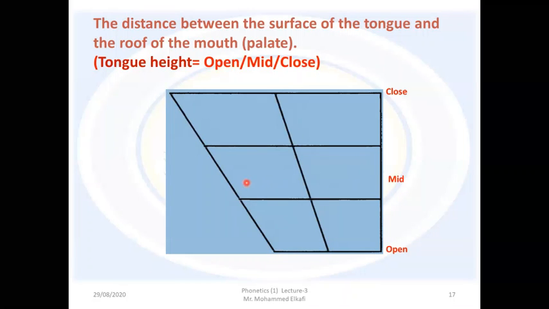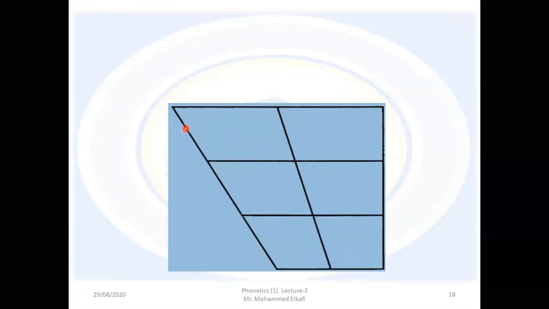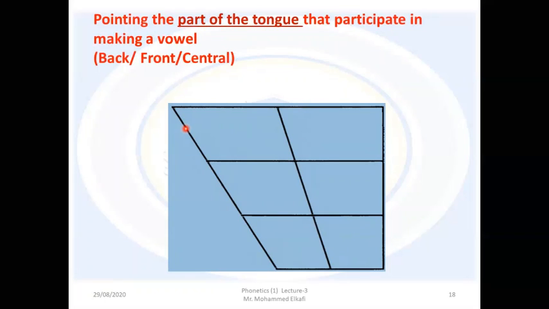They describe even the position of the tongue or the height of the tongue, and here we'll find the mid point of the tongue. So this is about the tongue height, or the distance between the surface of the tongue and the roof of the mouth. Here we'll point the part of the tongue that participates in making a vowel.